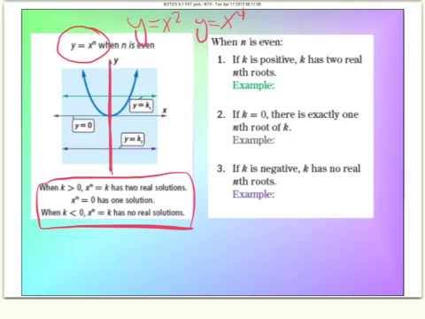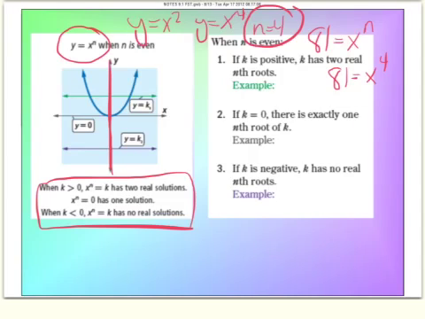If I had something like 81 equals x to the nth power, and it was a fourth root, for example, if I said let n be 4, because n is even for that one, and I wanted to solve it, I would say 81 is equal to x to the fourth power. What number is that?